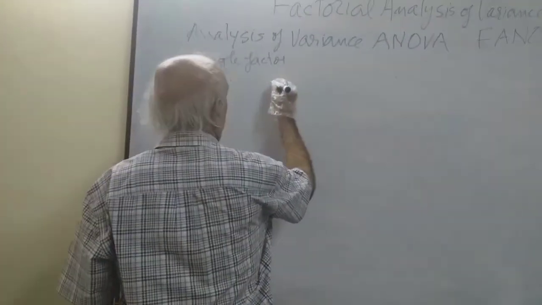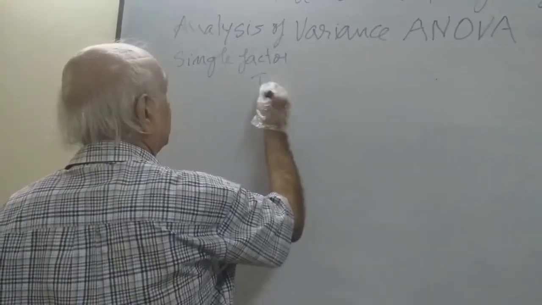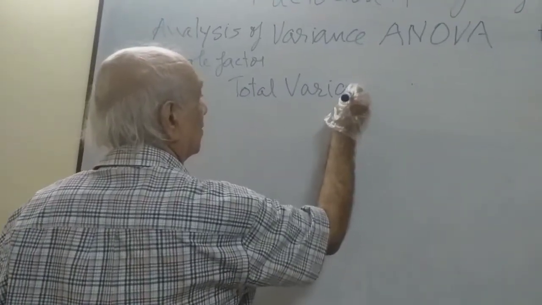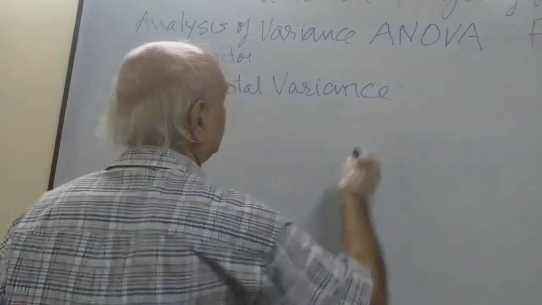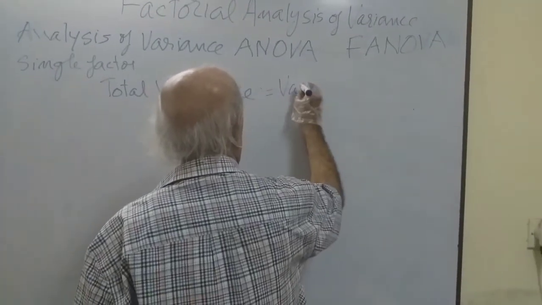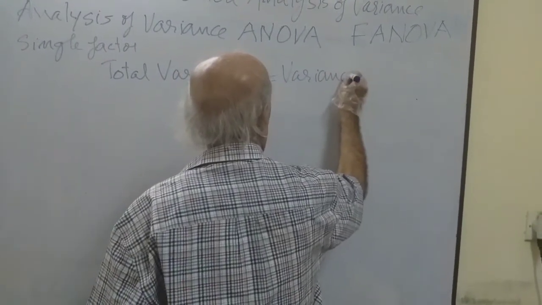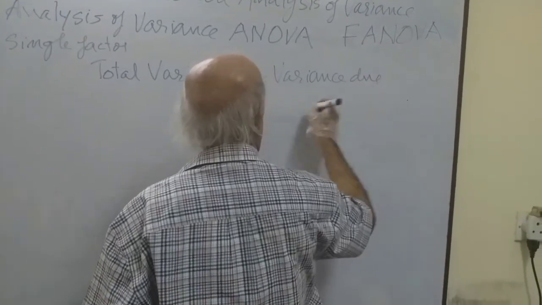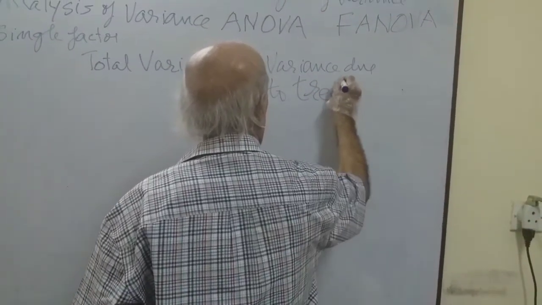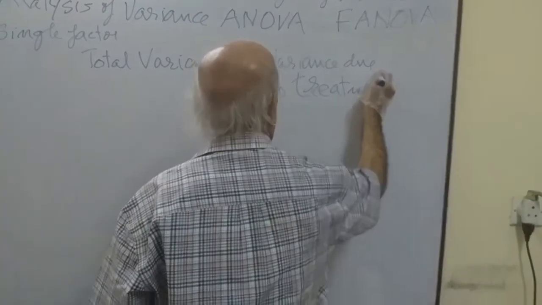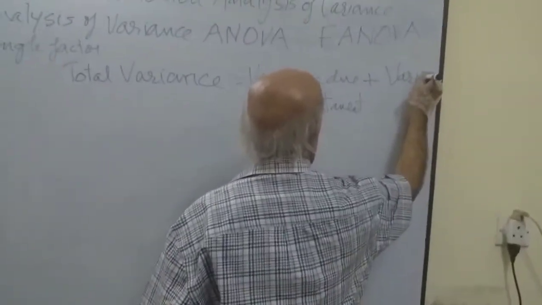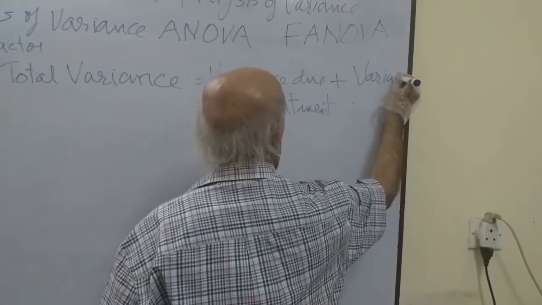So total variance is partitioned into variance due to treatment plus variance due to error, also called error variance.